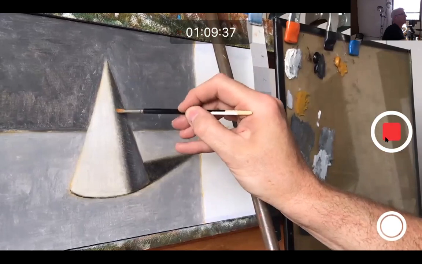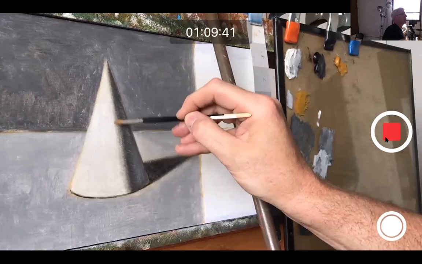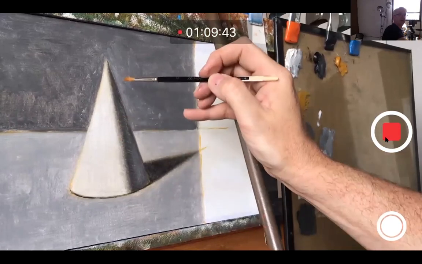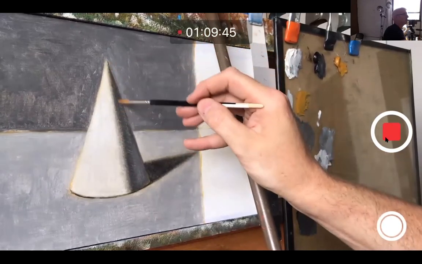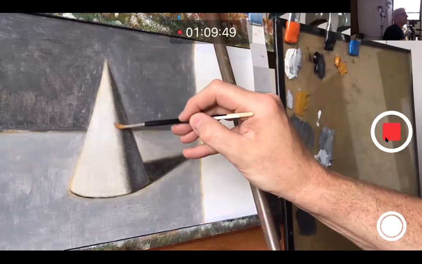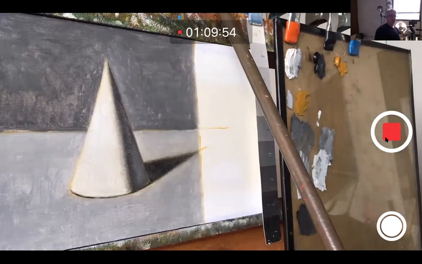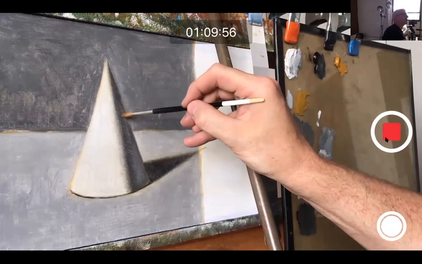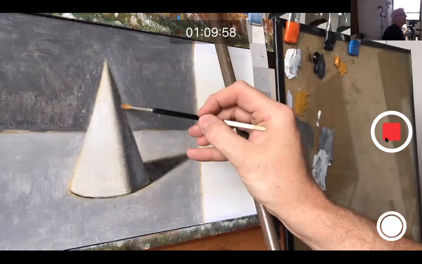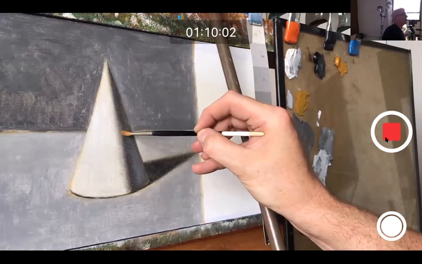Some artists actually have several brushes, one for light values, one for dark values. I've never done that. I just keep cleaning my brush. As we get into color, people may run into trouble with what they consider to be dirty color, a difficulty of getting really bright, clean colors in their painting.